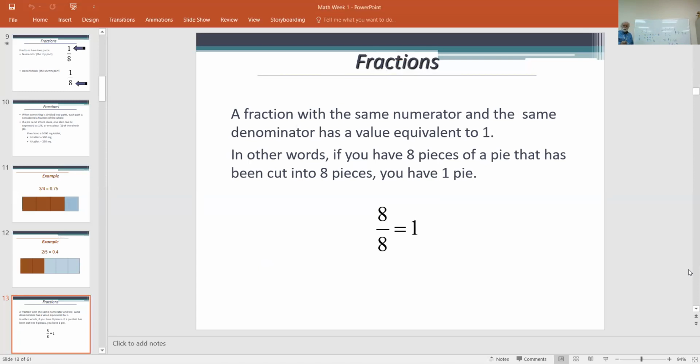Okay. Now the order of presentation here is critical. Let's look at the other problem. 5/8 divided by 2/5. So our first step, we're going to invert the divisor, 5/2, and we're going to multiply that times the other term.